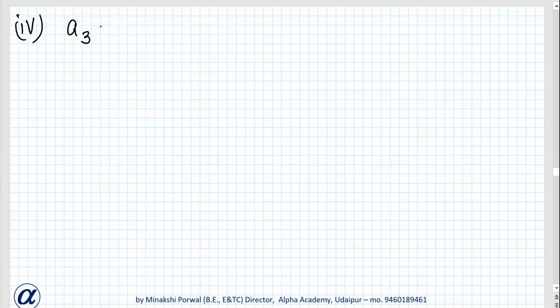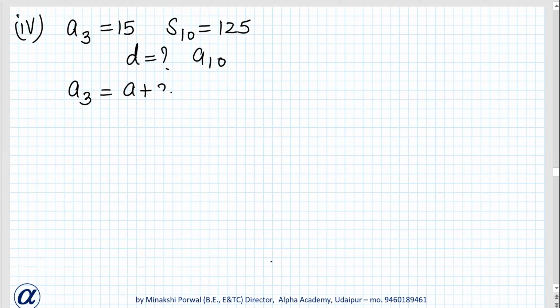A3 equals 15. S10 equals 125. We have to find D. We have to find A10. A3 equals A plus 2D. Okay. A we don't know, D we don't know. So we can't use this to find A or D. We will need one more equation.